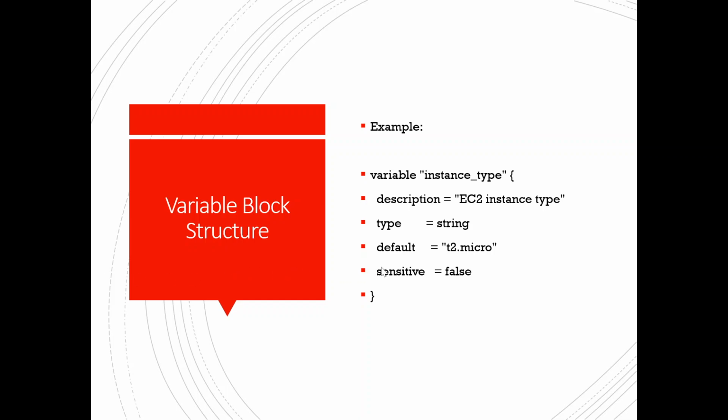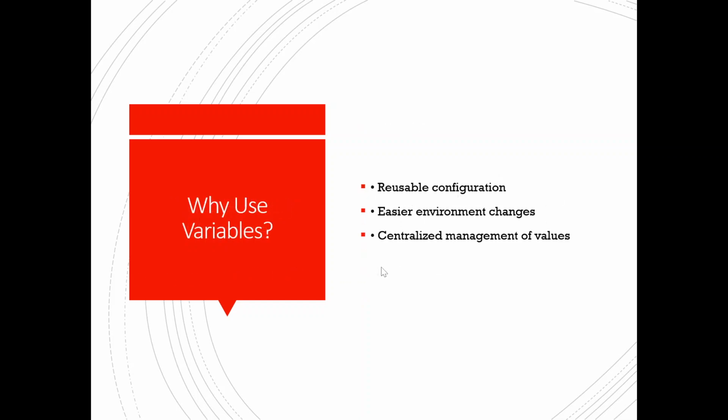And in the next slide, we see why we use variables. Imagine you are deploying multiple EC2 instances, and without variables, you have to hardcode the AMI and the instance type again and again. This approach makes your code rigid.